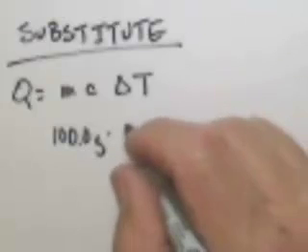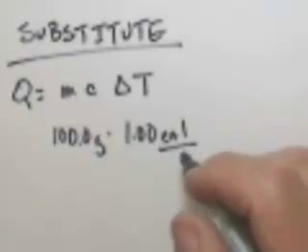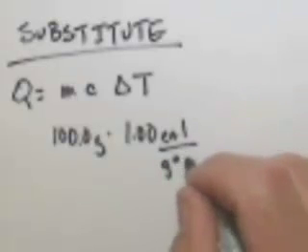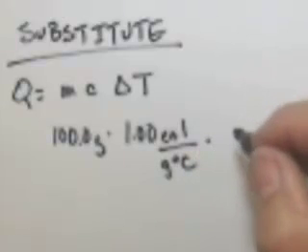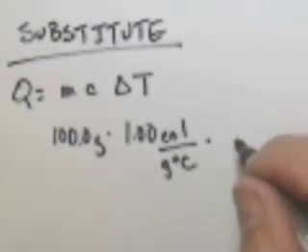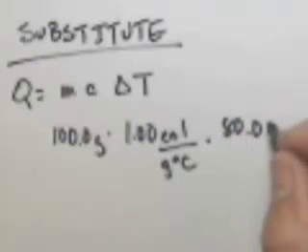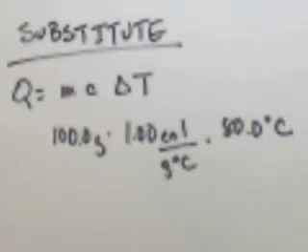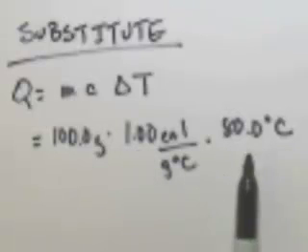It is a liquid, and the specific heat of water in its liquid form is 1.00 calories per gram degree Celsius. And then we're multiplying that times how much it changes temperature. Within the liquid part of the step, it's changing from 20 degrees Celsius to 100 degrees Celsius. So therefore its change in temperature is 80 degrees Celsius. Okay, math should be pretty simple here. We've got 100 grams times 1 times 80.